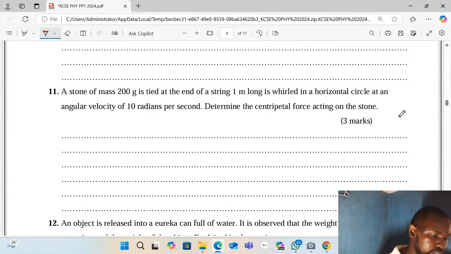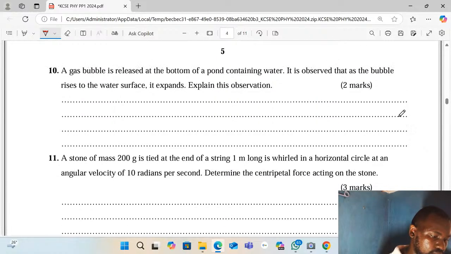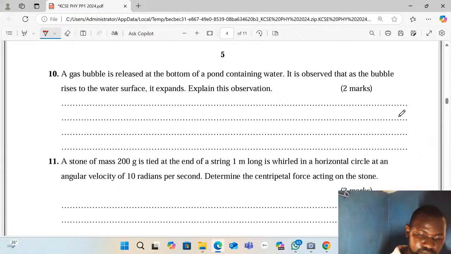A gas bubble is released at the bottom of a pond containing water. It is observed that the bubble rises to the water surface. It expands. Then you are told, explain this observation.